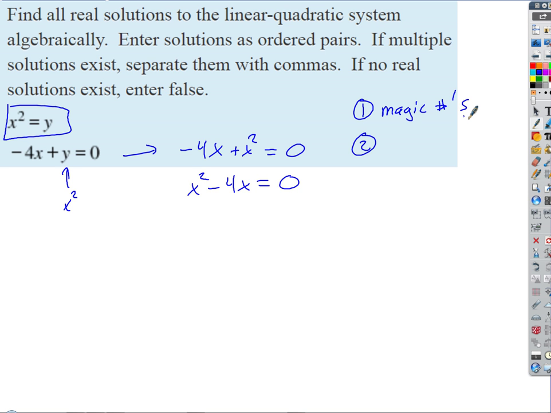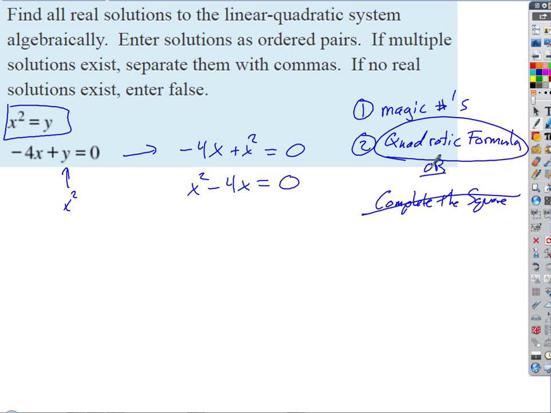If I can't factor it simply, then I'm either going to use the quadratic formula, or I'm going to complete the square. You take your pick, but I think most people are going to want to use the quadratic formula. But in this case, this is much simpler.